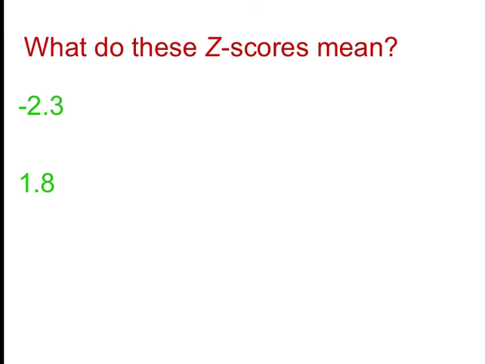To finish up with this session, suppose one is asked, what do the following Z-scores mean? A Z-score of minus 2.3 and that of 1.8.